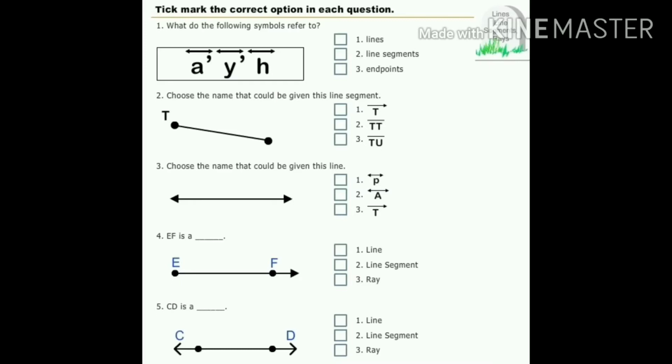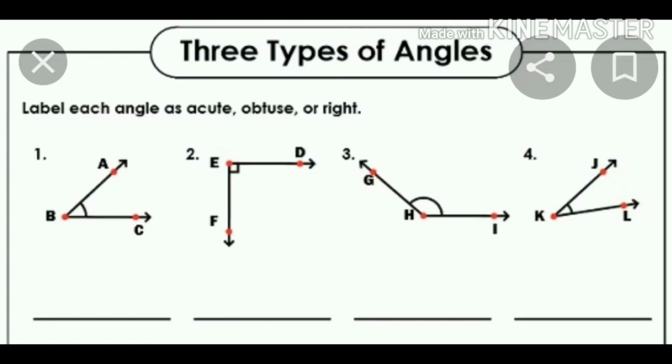In this question, we will identify the angles, whether it is acute, obtuse or right angle. In the first figure, the angle bends toward the right side, so it is an acute angle.